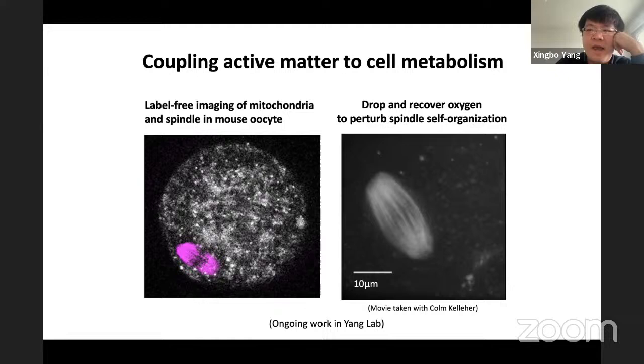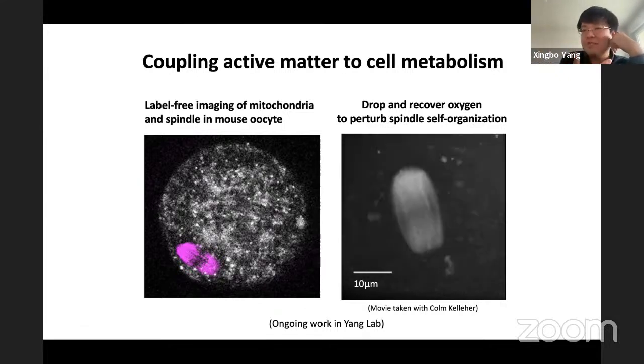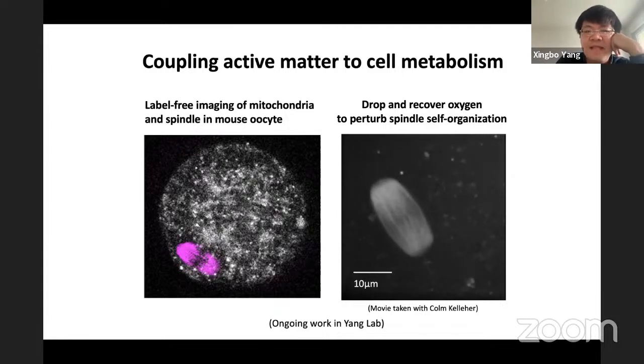But then people have also done back-of-the-envelope calculations, knowing the respiration rate of the mitochondria, and argued that it's unlikely to generate such a big gradient. So I think it's still up for debate: would mitochondrial respiration change the temperature of the cell, or even create a gradient? It's a very good question, and we should keep thinking about it.